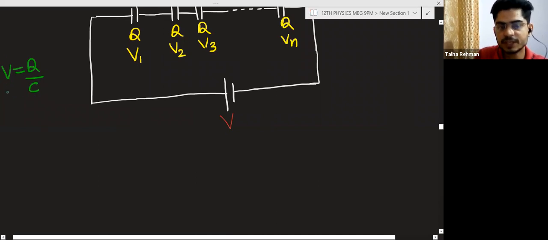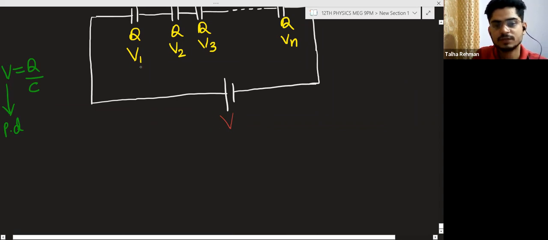V is potential difference, Q is charge, C is capacitance. So I can write this: the total V is divided among n capacitors.